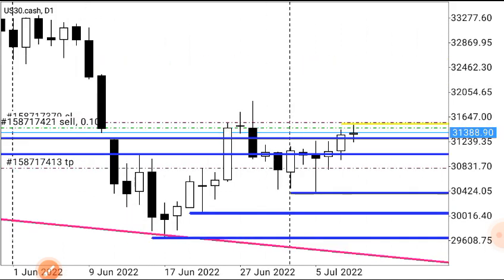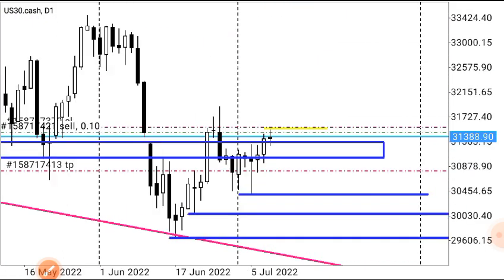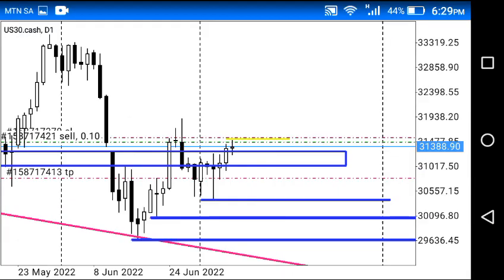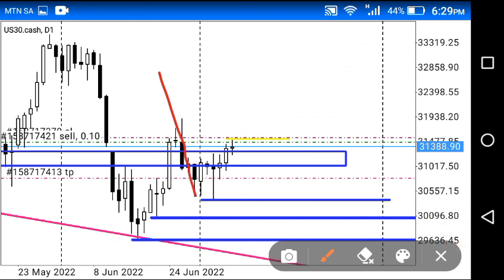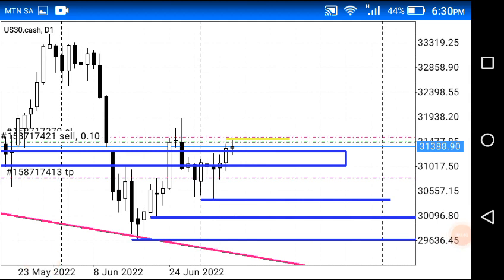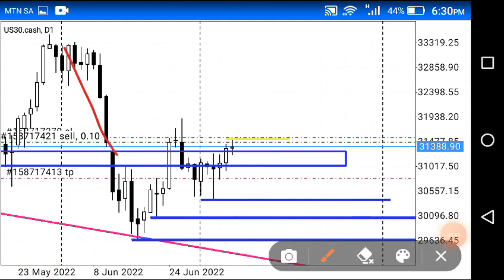Anyway, is there anything else that we should be paying attention to on this particular daily chart of US30? I said that price may give us the structure here where it gives us this W formation, right?